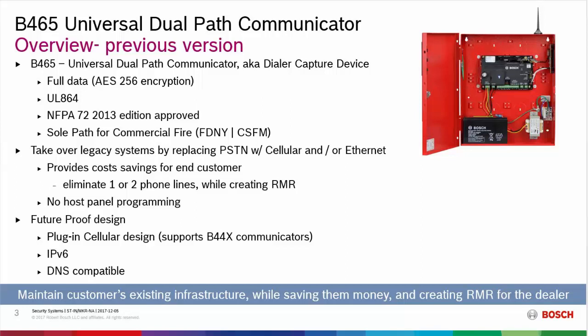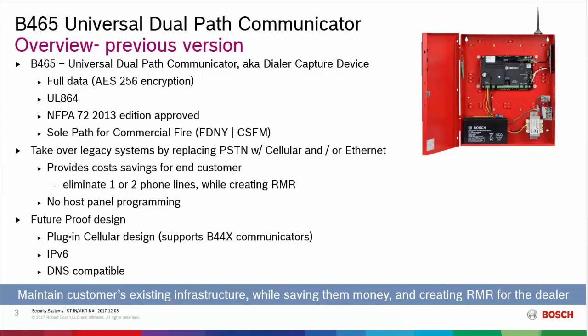Again, it's got a future-proof design. The main reason we tout the future-proof nature of the 465 is that it's got the plug-in cellular modules. Some of our competitors have a built-in cellular module in the product, but then say 5 years down the road or 10 years down the road, when you want to upgrade the cellular communications path because some network is sunsetting, it makes it difficult to do that.